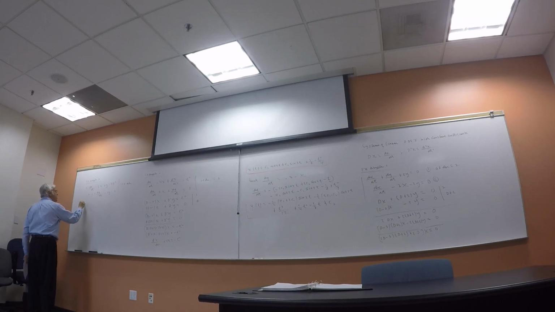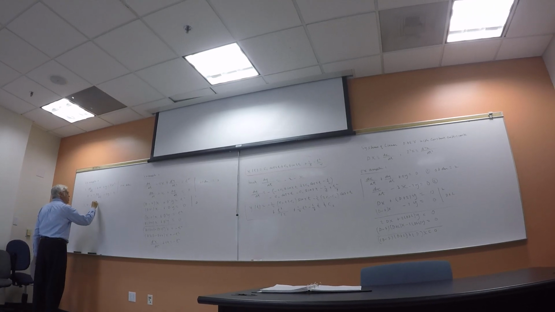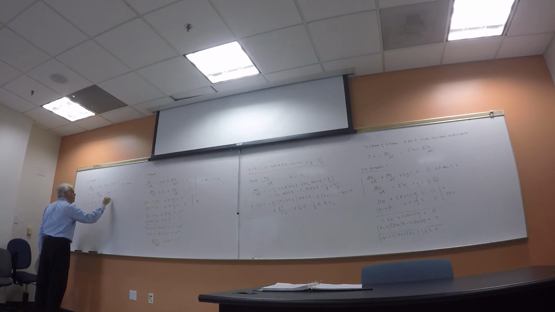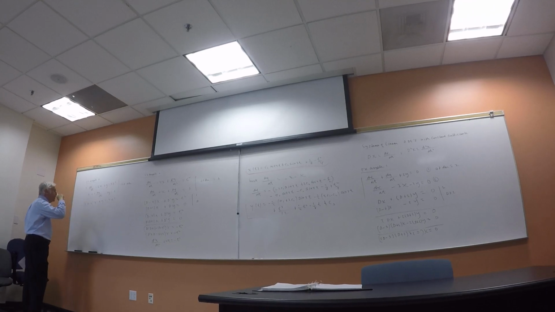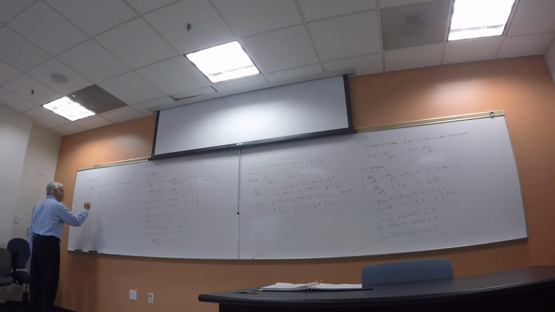We'll use that D notation. (2D minus 3) operating on x, right? That's my 2x dot minus 3x plus y is equal to 4 exponential of t. And this guy looks like just a simple x over here. And then (2D minus 3) on the other variable, right? Is equal to 0.